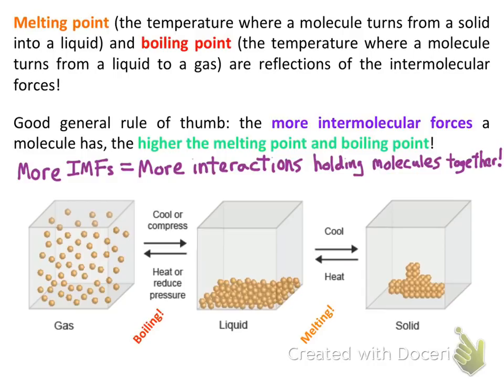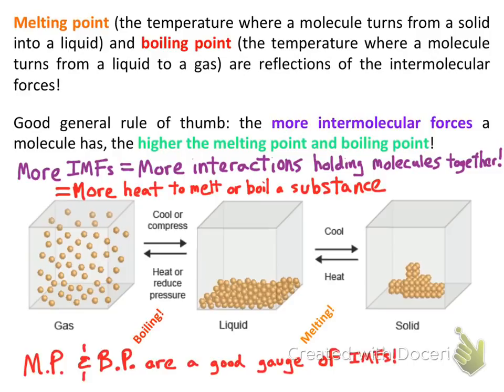Ergo, it will take more heat to melt or boil a substance. As a result, a substance's melting point and boiling point are good gauges of the intermolecular forces holding together that substance.